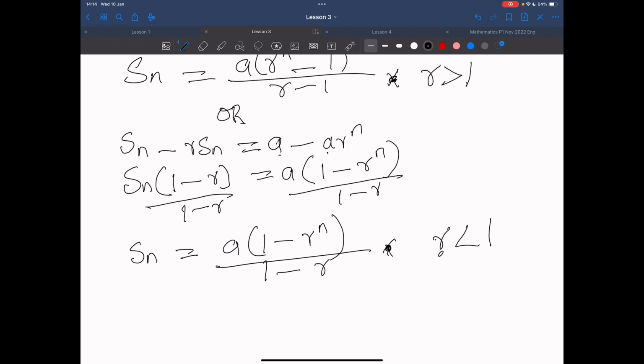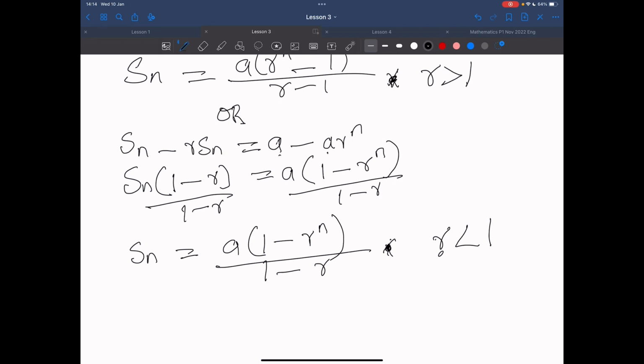But in any other case, we can use any of the two formulas. Regardless of the situation, we will get the answer that we need. So that is how we calculate the sum to n terms of a geometric series.